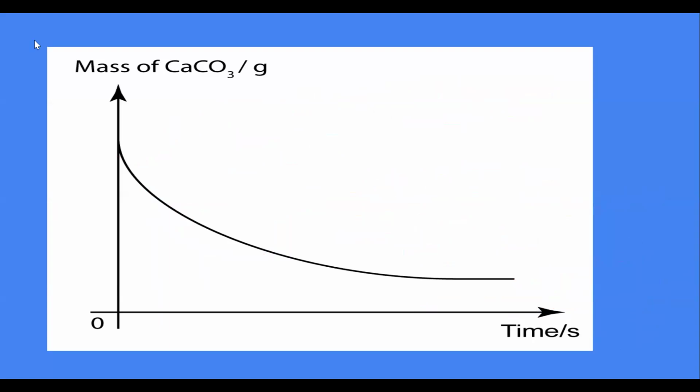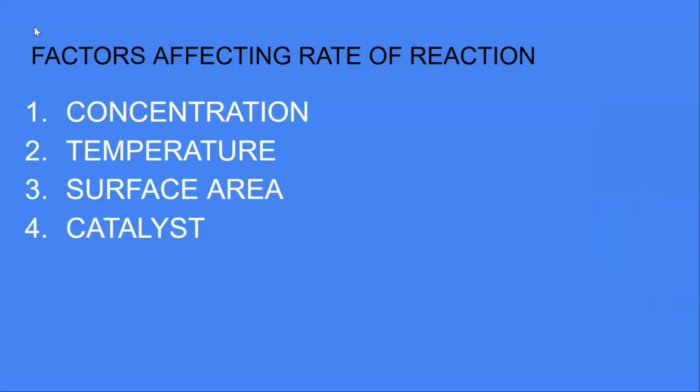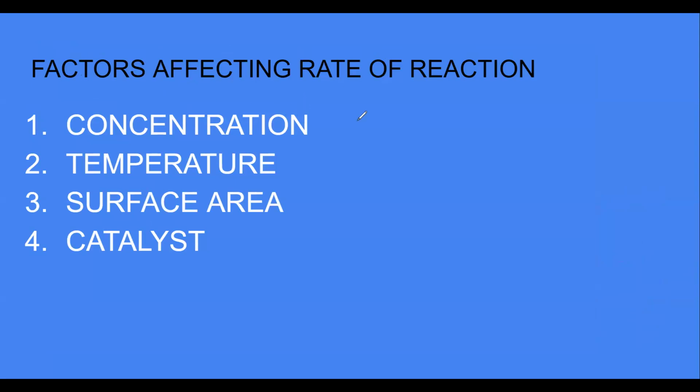Now, there are certain factors that can affect the rate of reaction. Remember, you affect the rate of reaction by changing collision. If collision is slowing down, that means we have a decrease in rate of reaction.